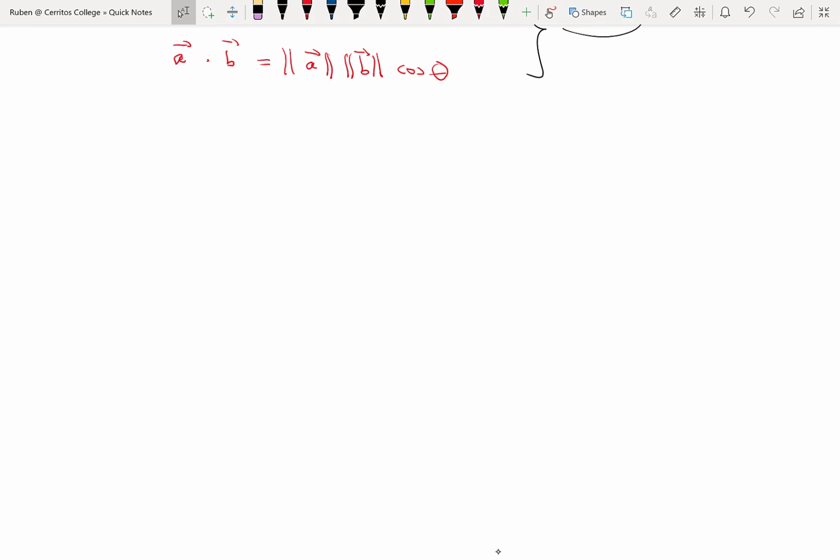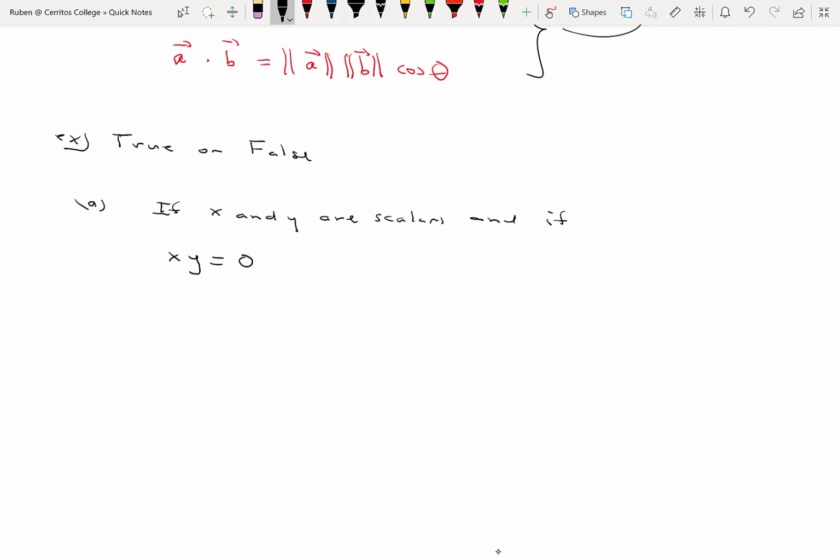Let's take a look at a true or false question. Example: true or false? If X and Y are scalars, real numbers, and if X times Y equals 0, then either X is going to have to equal 0 or Y is going to have to equal 0.